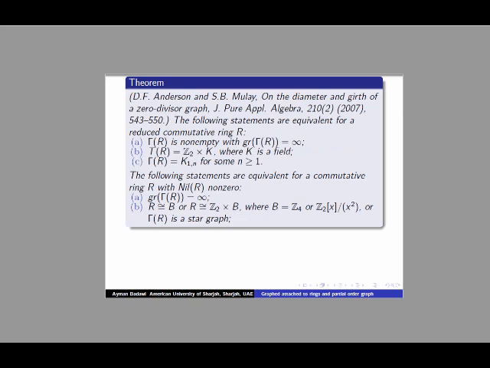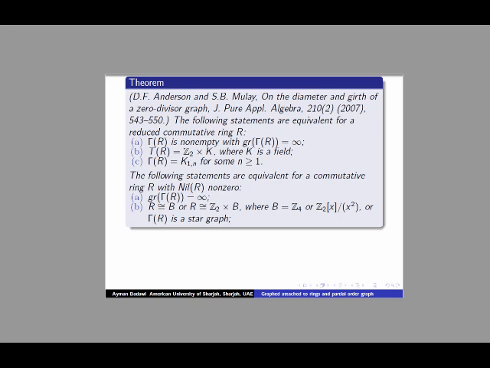What about if the girth is infinity? Meaning we don't have a cycle. For a reduced commutative ring, these are equivalent: the graph is non-empty and the girth is infinity, then we know what the total quotient ring looks like.